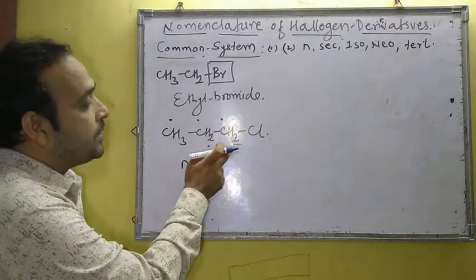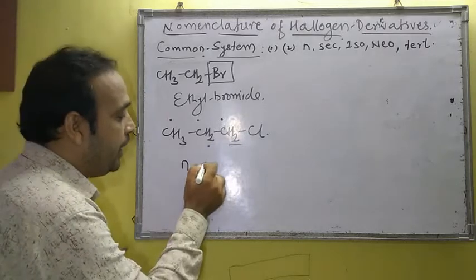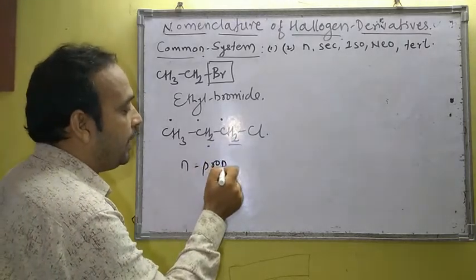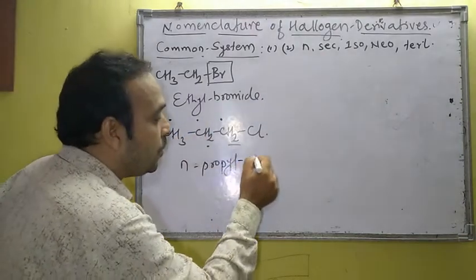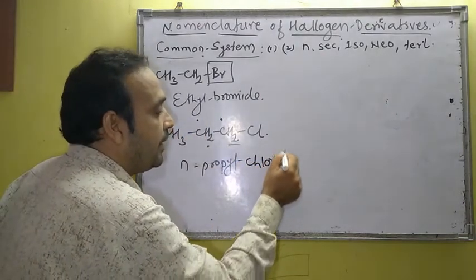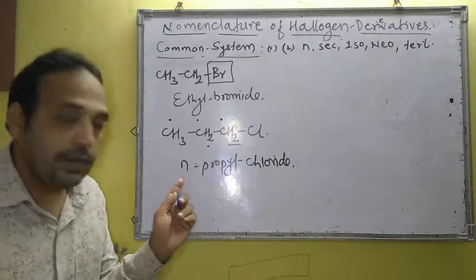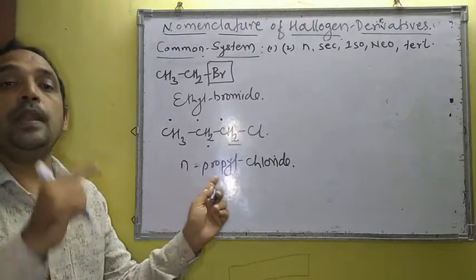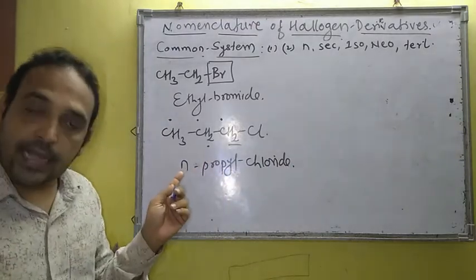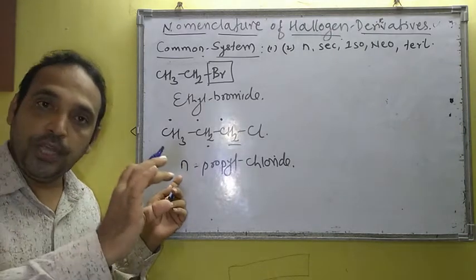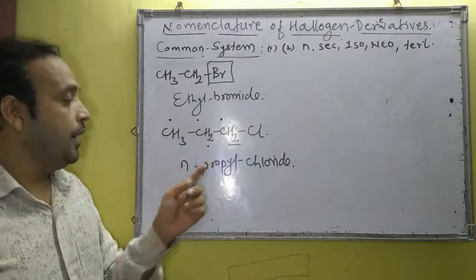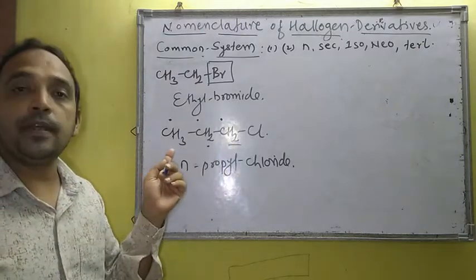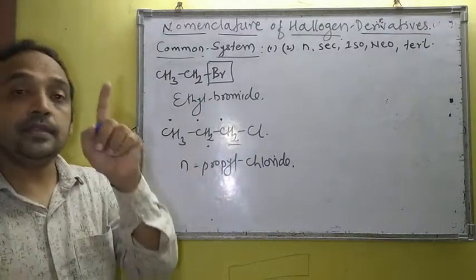How many carbon atoms are there? 1, 2, 3. So 3 means the name of the alkyl group is propyl. Cl means chloride. So the final common name of this compound is n-propyl chloride. This n indicates normal chain, or functional group attached to a primary carbon, straight chain. Propyl means 3 carbon atoms and chloride means Cl.